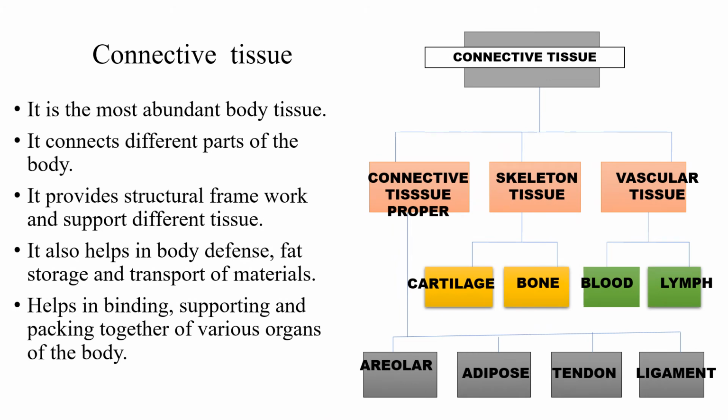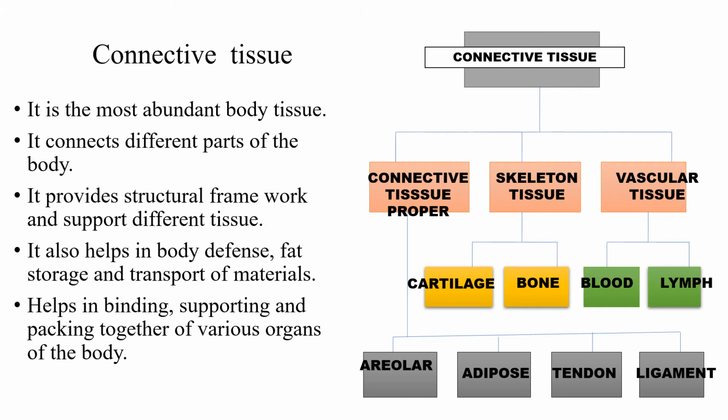Connective tissue. Connective tissue is first broadly classified into three: connective tissue proper, skeleton tissue and vascular tissue. Under connective tissue proper, there are four: areolar tissue, adipose tissue, tendons and ligaments. Under skeleton, cartilage and bone. Under vascular tissue, blood and lymph.